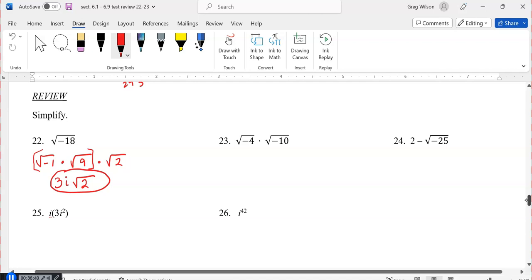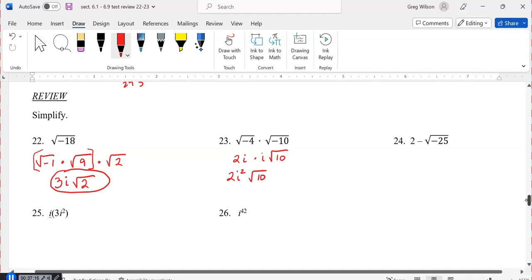23, before I can multiply these together, I have to change them into real, I can't multiply two radicals that are not real. So the square root of negative 4 is 2i, and the square root of negative 10 is i times the square root of 10. So now I multiply these two imaginary numbers together. 2i times i is 2i squared.